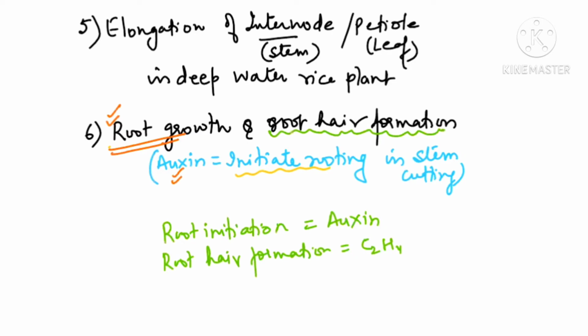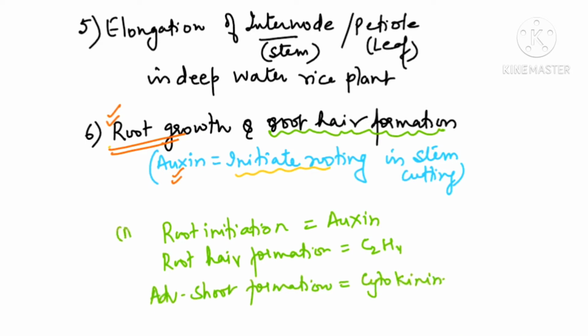Now let me explain one more concept. It is not associated with auxin or ethylene, but try to understand adventitious shoot formation. Adventitious shoot formation, if you remember, was the work of cytokinin. Is it clear?